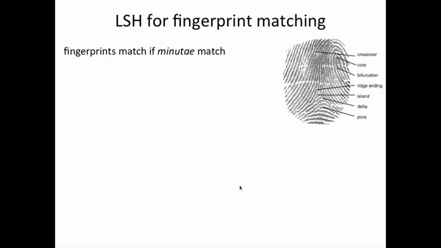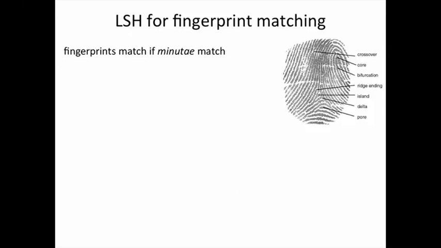Now, minutiae is a technical term in the world of fingerprints, which I don't claim to understand in great detail, but things like islands, ridges, bifurcations, cores, crossovers, these are the terms used in that field. We won't get into the details of the different types of minutiae.